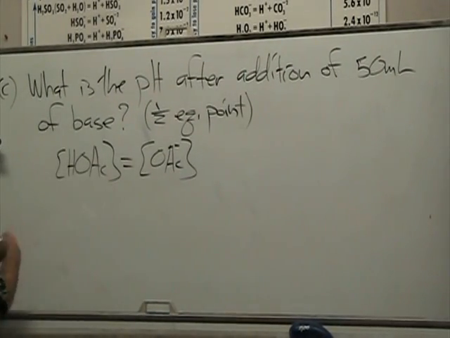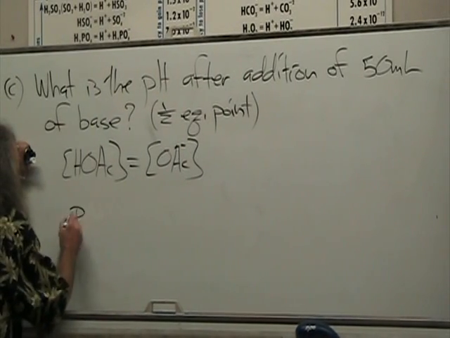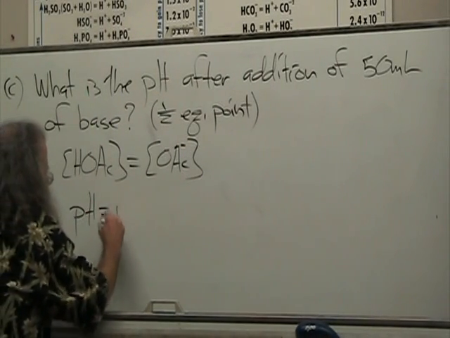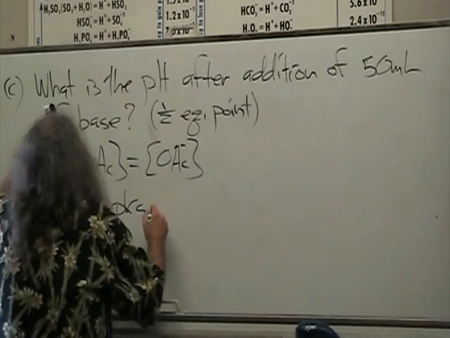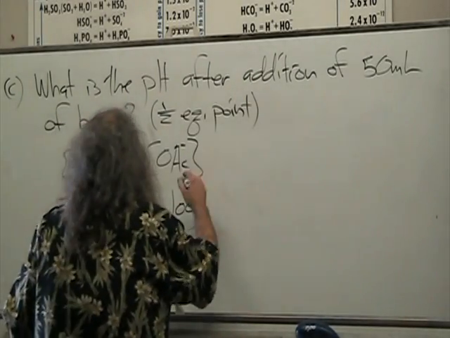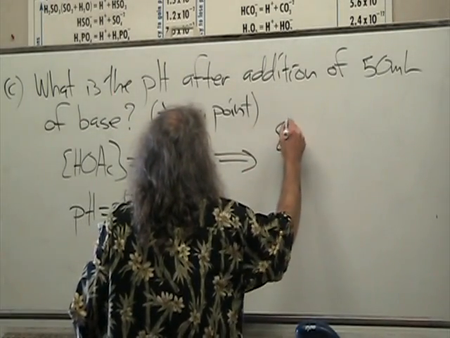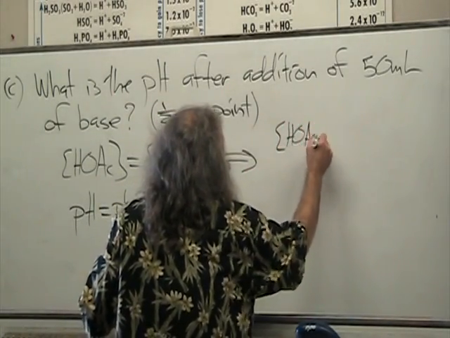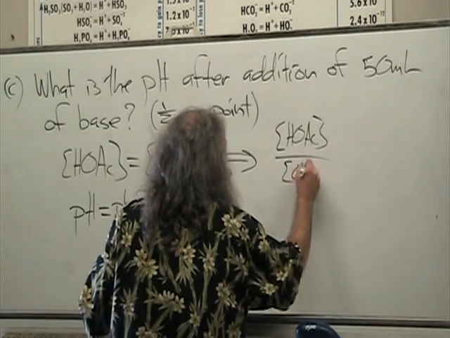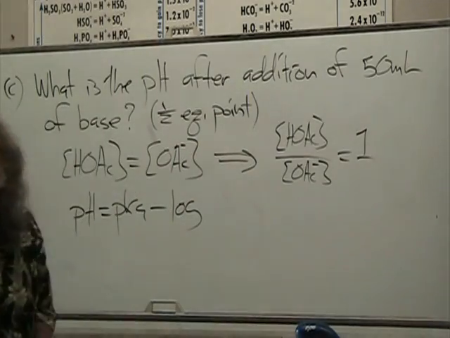Therefore, we write out the Henderson-Hasselbalch, which we derived in the previous step. pH is equal to pKa minus the log. And at this point, since this is true, that's equal to 1.